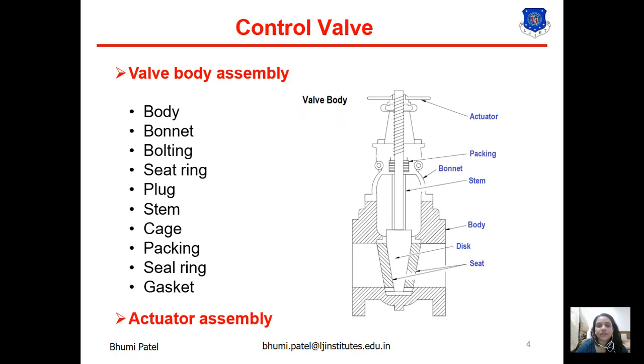So these are the basic parts included in control valves. This is the valve body. On the top side of the control valve, the actuator is connected, and these are the other valve body assembly parts.